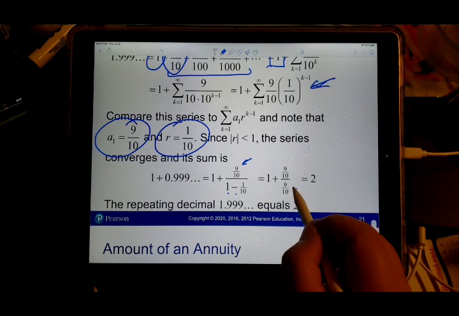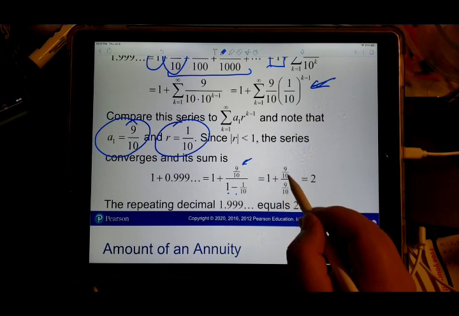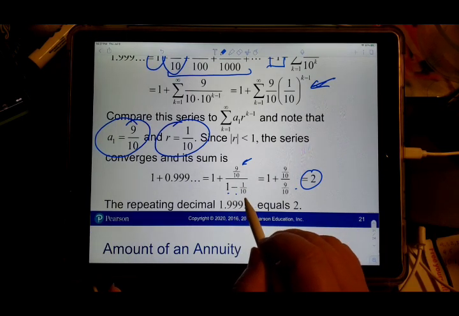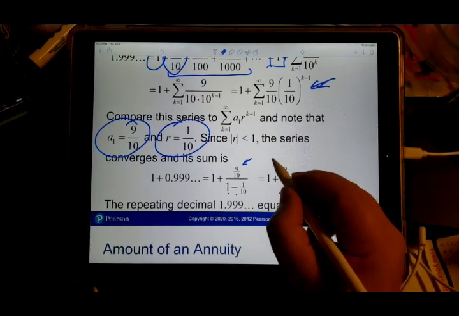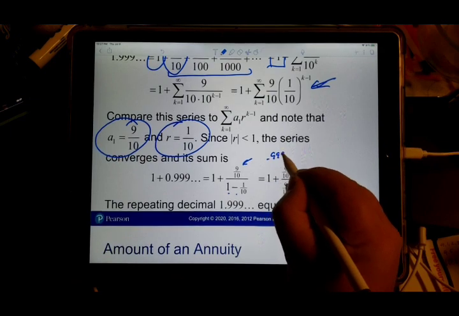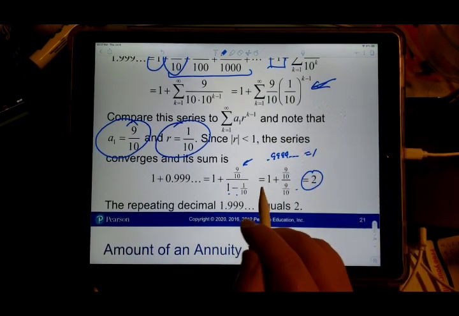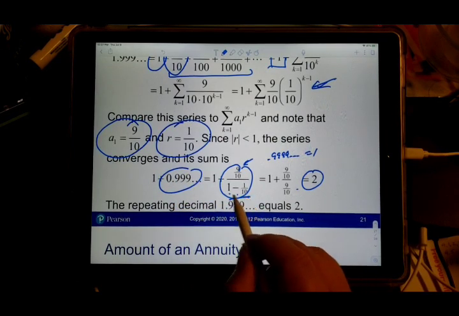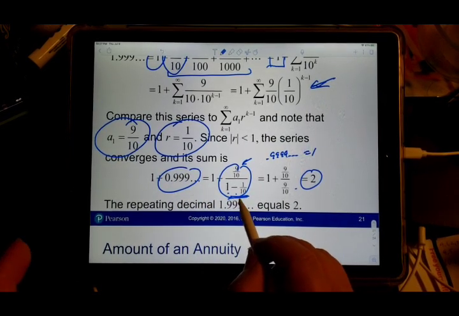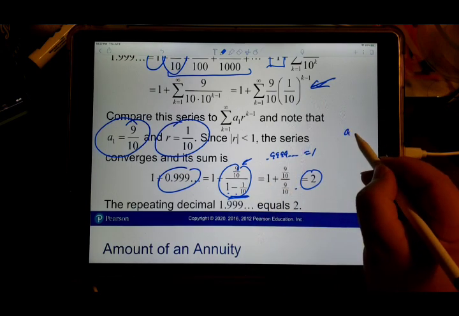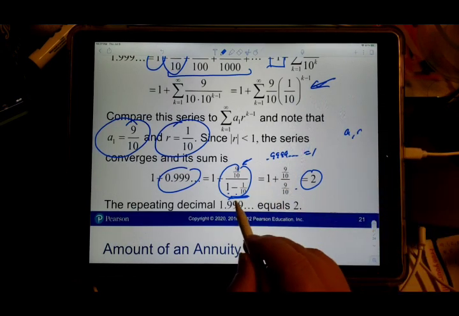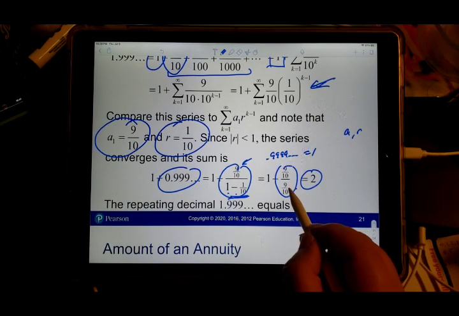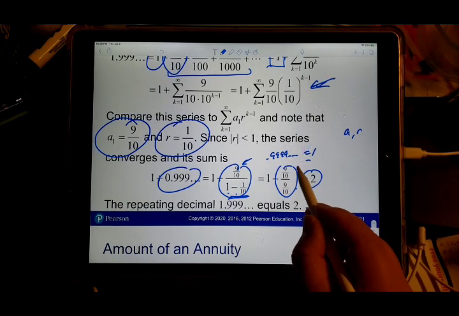We run that calculation and we get 1. So we just showed that 0.99999 repeating equals 1, because this is the 0.999 written in terms of A and R, and then incorporated into this formula that gives us the infinite sum, and that equaled 1.